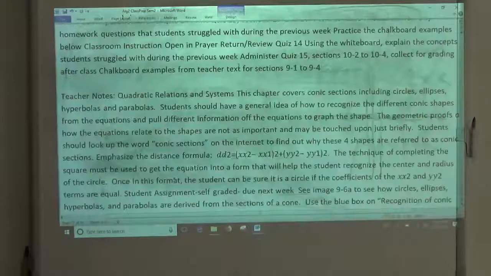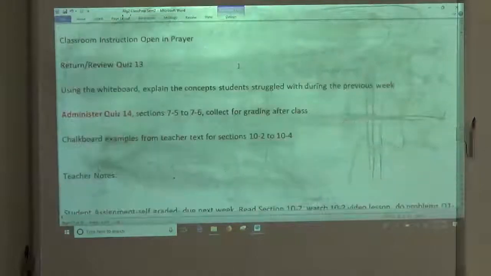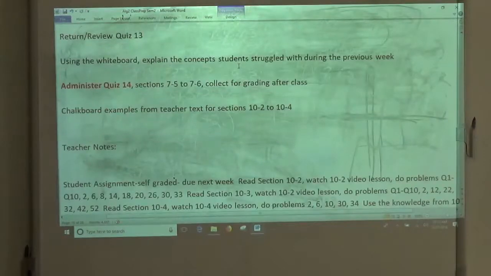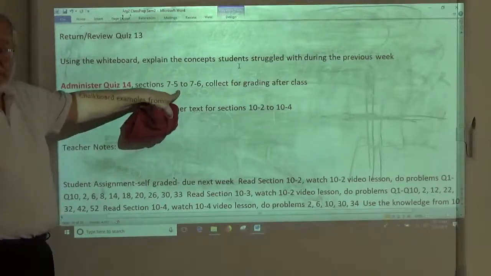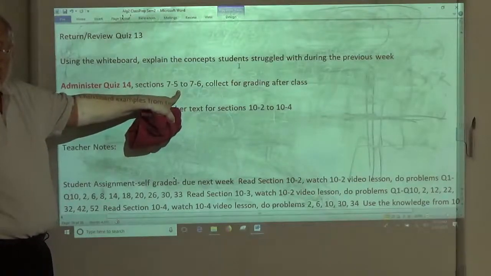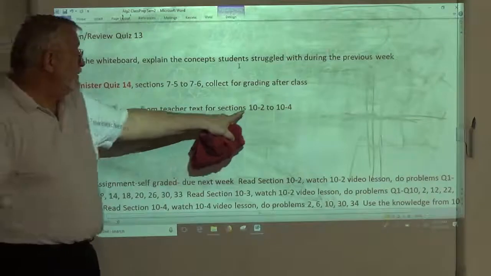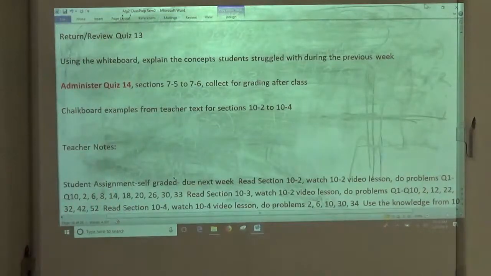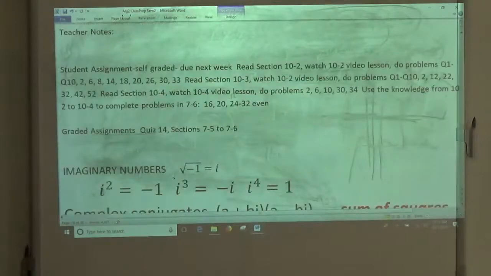Okay, so we are finished. So here is your assignment. Now, I'll give you this quiz next week. Your assignment is to do 10.2 through 10.4. I think here's the parts.